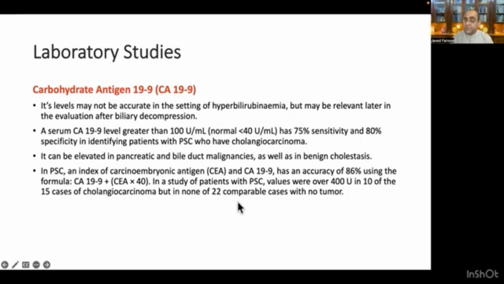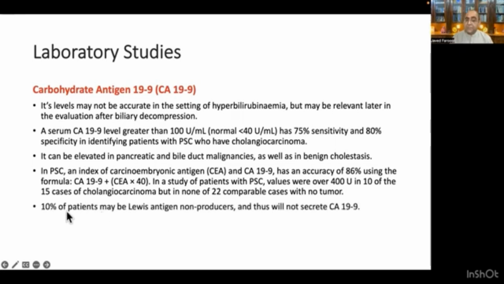It means there were 22 control cases with no tumors, and in 15 PSC cases with tumor, this formula detected the cholangiocarcinoma in 10 out of 15. 10% of patients may be Lewis antigen non-producers and thus will not secrete CA 19-9.